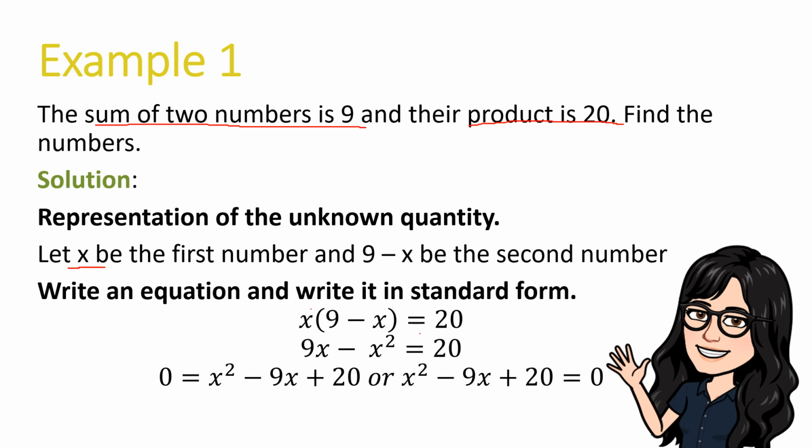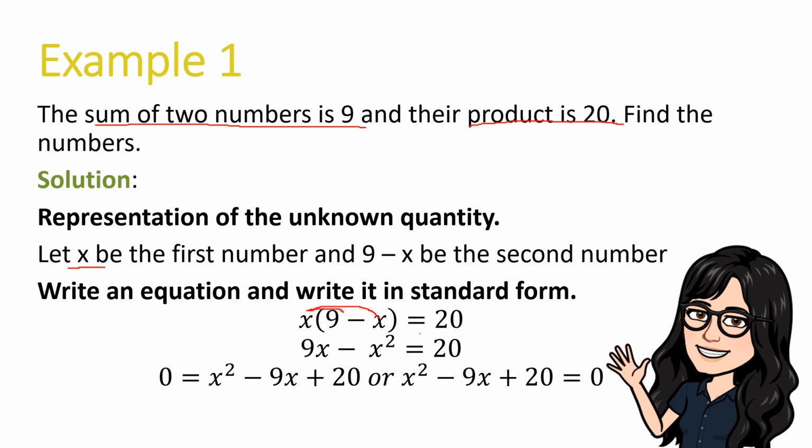Next step is to distribute x one by one to 9 and negative x. Therefore, multiplying x by 9 will give us a product of 9x, and x times negative x will give us a product of negative x squared, then equals 20.